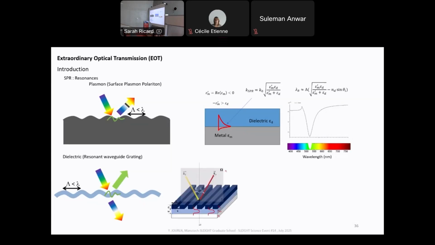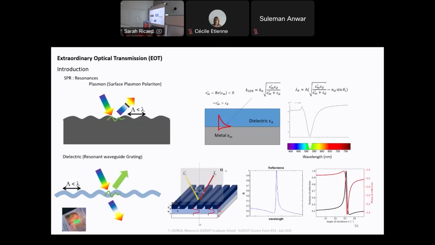It is explained. So here you have a beautiful application. When you look at your identity card or your passport, it is a resonant reflection to give this red and green color. So what is the link here?